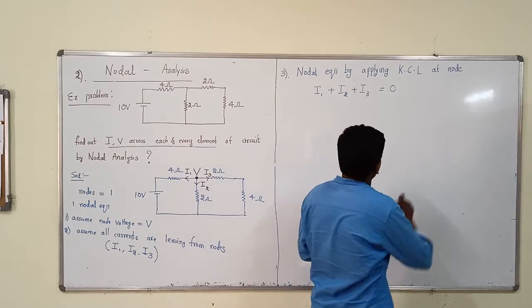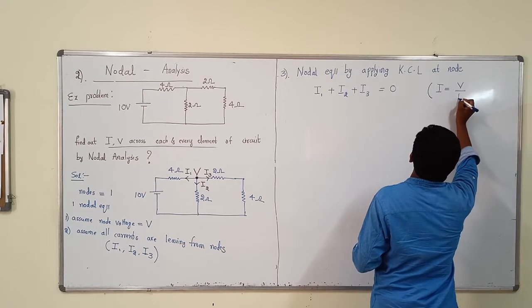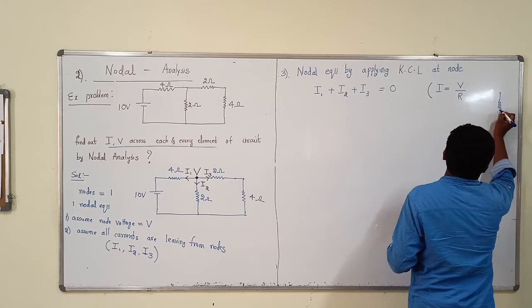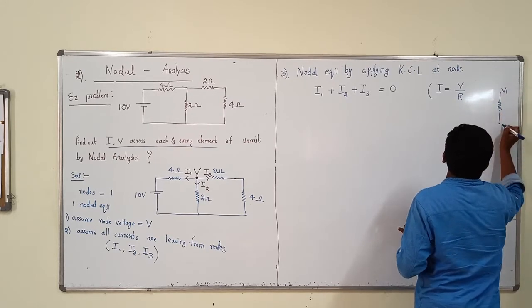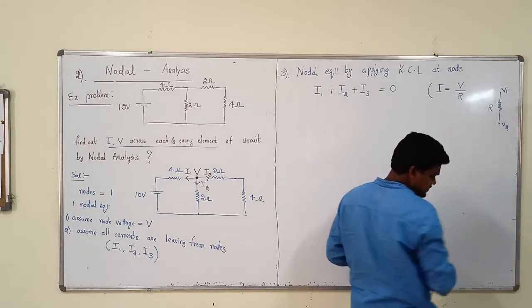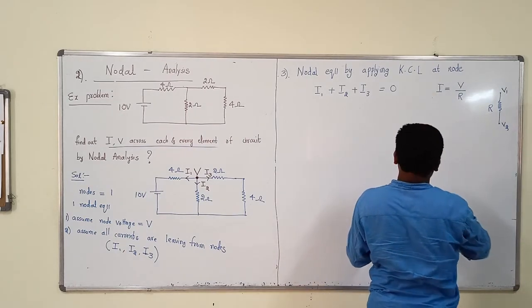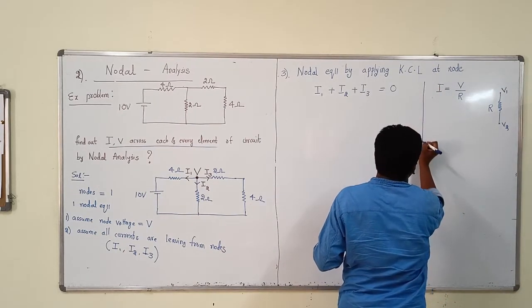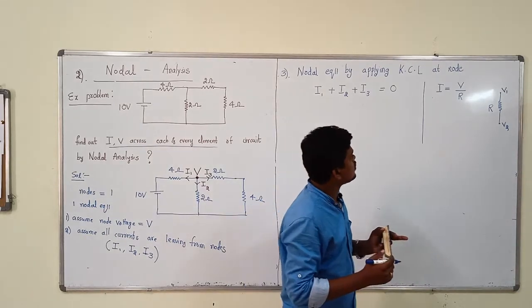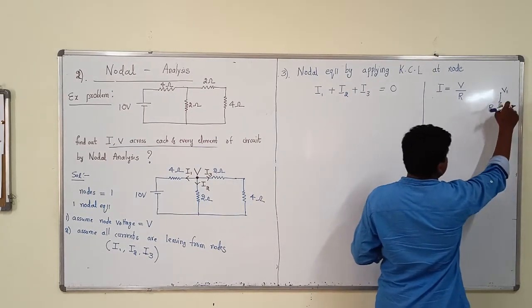Current is simply voltage by resistance. For example, if we have two voltages V1 and V2 with a resistance between them, current is the voltage drop, the voltage between two points, divided by the resistance between those points.